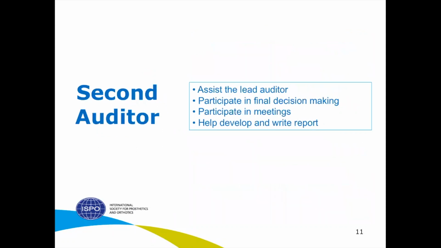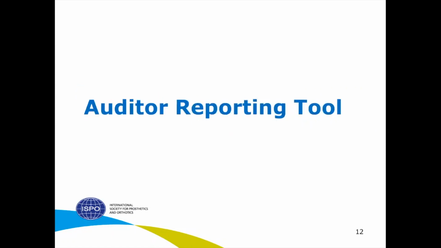The second auditor is their responsibility. Again, they're working in concert with the lead auditor, but really their role is to assist the lead auditor, participate in the final decision making, participate in all of the meetings and the interviews with students or faculty, and they will also help to develop and write the report.